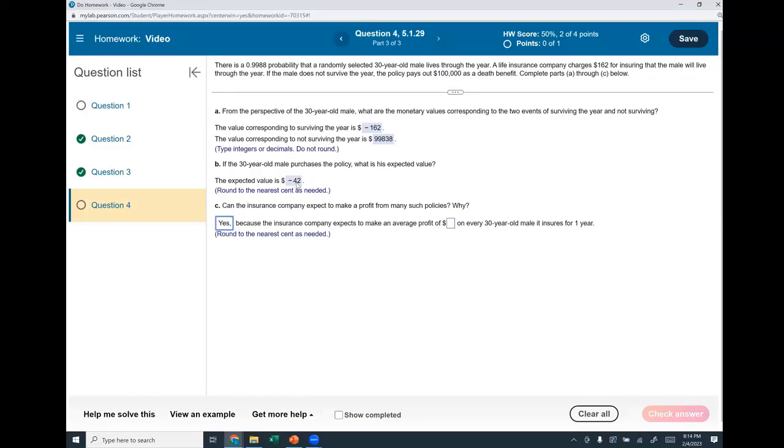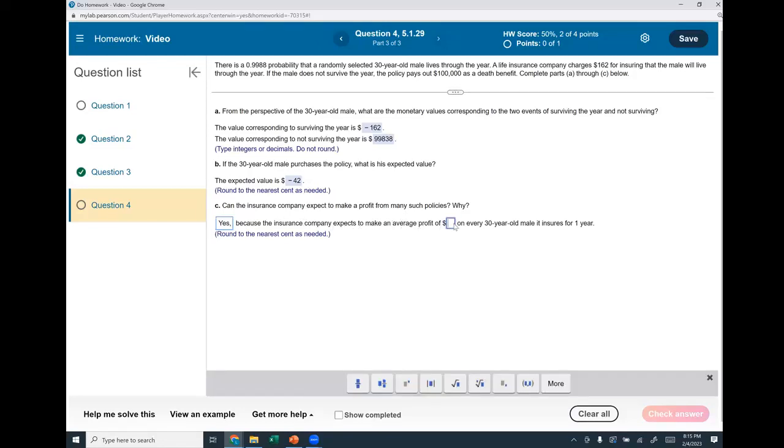That means that to the insurance company, for every policy they sell, they make an average of $42, don't they? So yes, because the insurance company expects to make an average profit of $42 on every 30-year-old male it insures for 1 year.